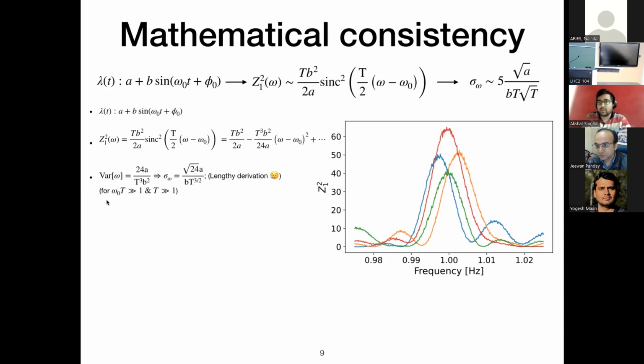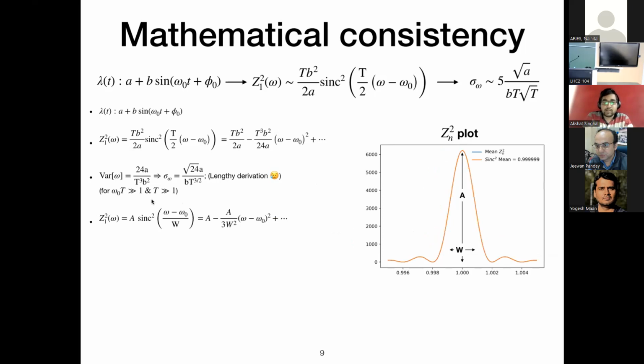So that was not a coincidence, although our assumption during the derivation was that the number of cycles and the observation time are large enough. But as some of you have rightly noted, it means you need to know the values of A and B a priori. So we eliminated that in the first place as well, and replaced it with some constant A and some W, and doing a similar derivation, we get a pulsar independent, pulse profile independent method.